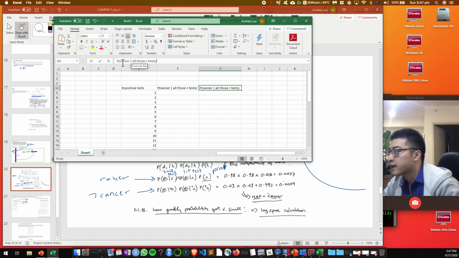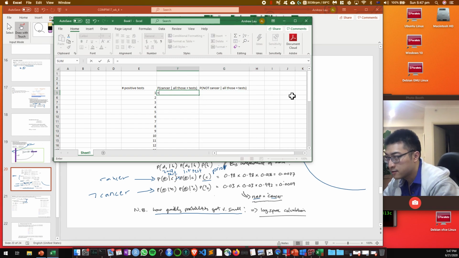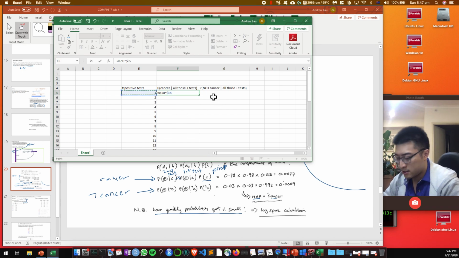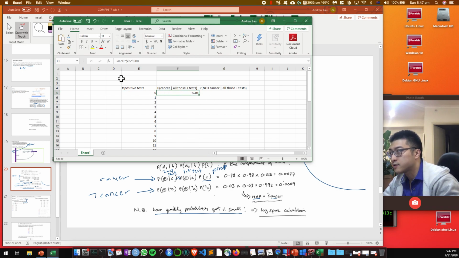And then probably not cancer, given all those positive tests. Now, what would it look like? It is this: 0.98 to the power of this guy here, times 0.08. Oops, that's an extra zero there.